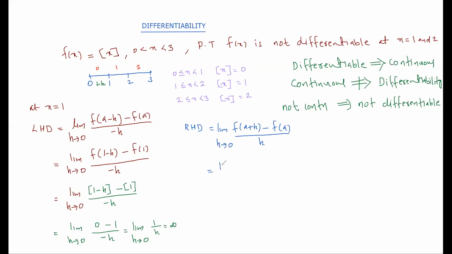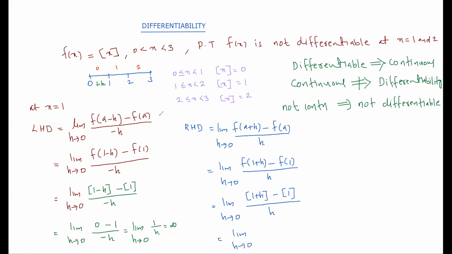This is equal to limit f of 1 plus h minus f of 1 divided by h as h goes to 0, which is limit h goes to 0, greatest integer of 1 plus h minus greatest integer of 1 divided by h.